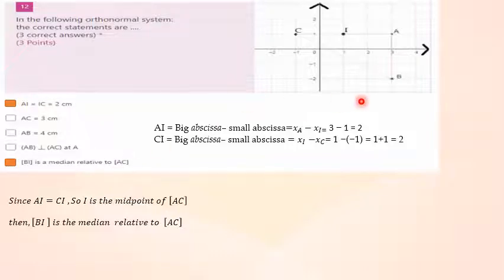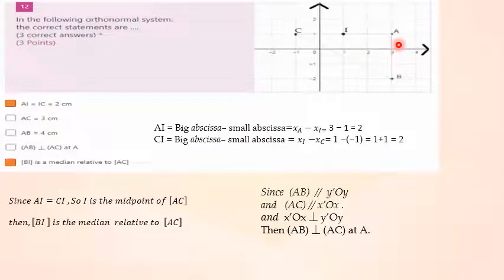Now, can I say that AB perpendicular to AC at A, the last option here? To choose or not to choose. Let's see. We have that AB is parallel to y prime y. Why? Because they have the same abscissa. So the line formed by them is parallel to the y prime y. What about AC? They have the same ordinate, which is 1.